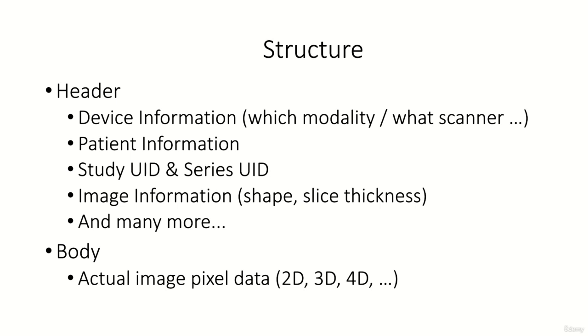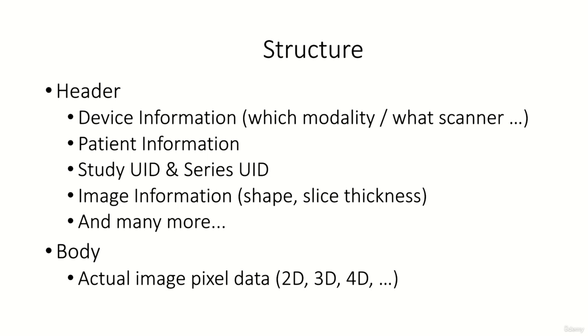The header contains all relevant information about the procedure taken, including but not limited to the device information, as an example, which modality or what scanner, all relevant patient information such as age or sex, a unique study ID and series ID to be able to map the scan to a particular patient, and all relevant image information such as shape or slice thickness. And finally, the body, our treasure, contains the image.